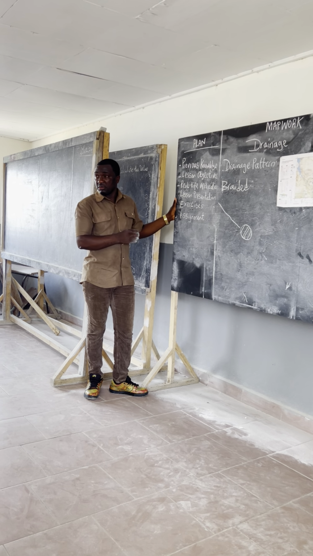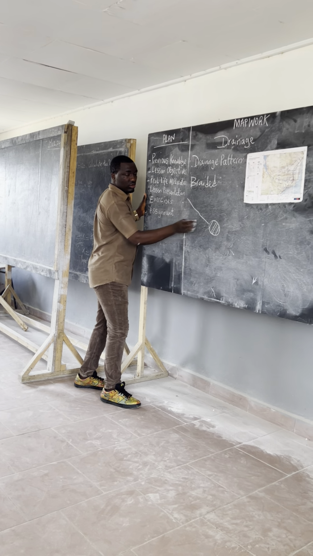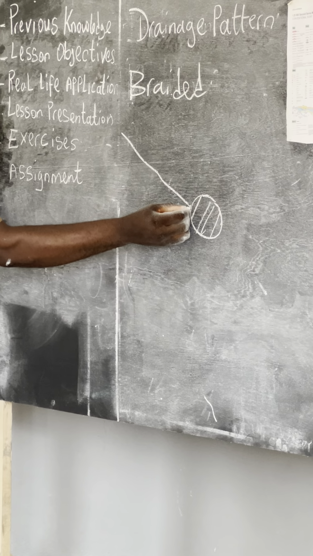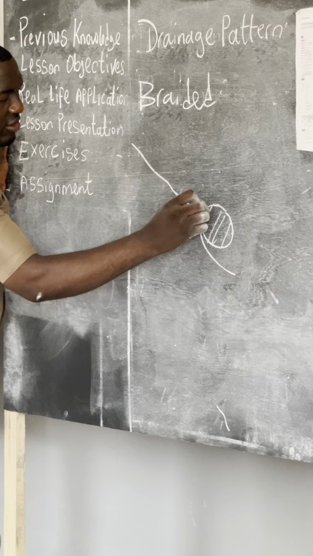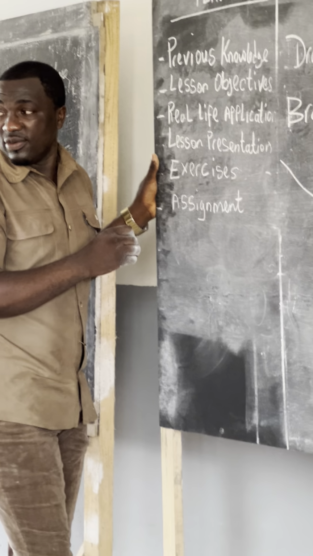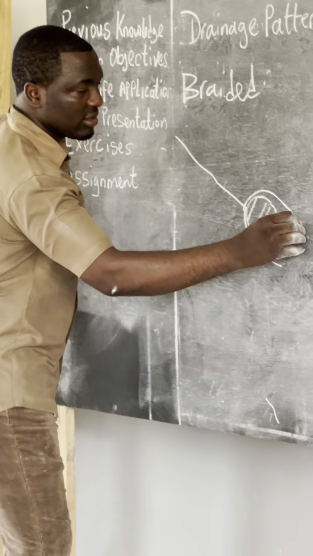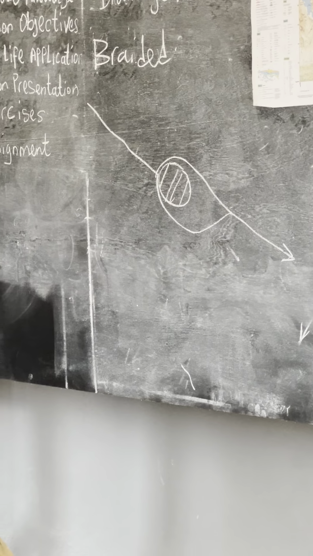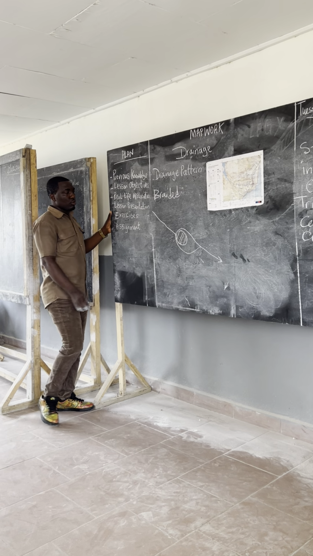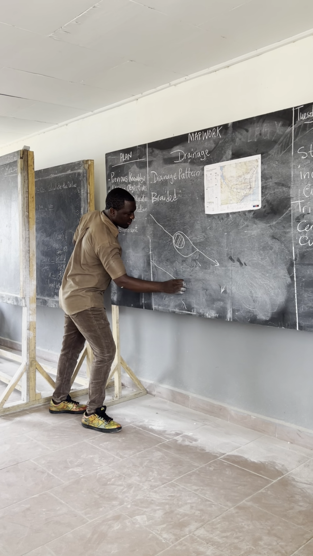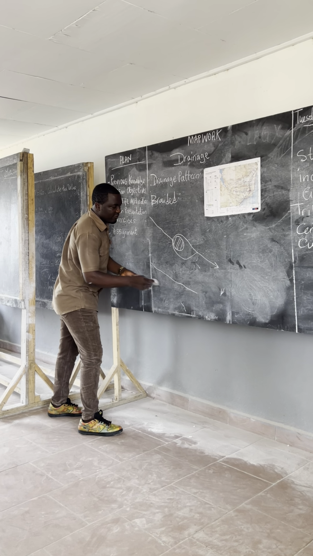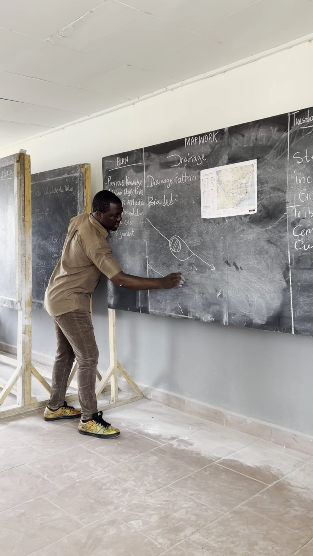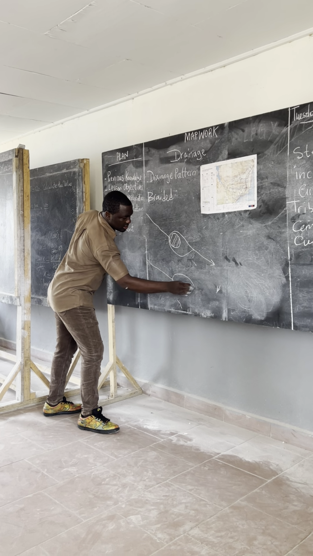What will happen to the stream here at this juncture? It has to deviate from the obstacle. When it deviates from this obstacle, this stream will meet here and continue flowing. That is a braided pattern. Most of the time, braided patterns are made up of lots of courses crisscrossing each other like this.